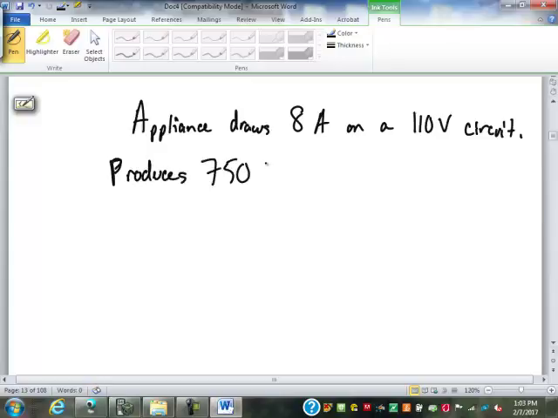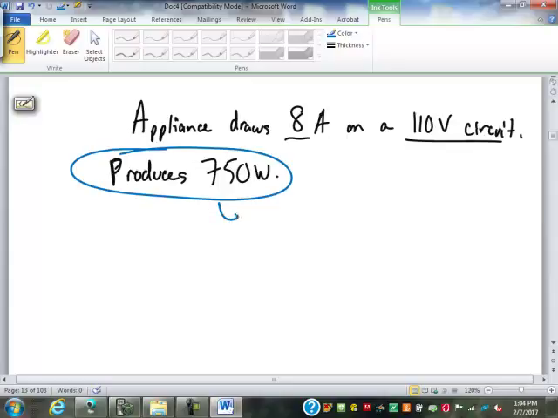Produces 750 watts. So it might be a microwave. 750 watts is a very weak microwave, but some sort of appliance like that, it's rated to 750 watts. It draws 8 amps off of a 110 volt circuit. What it produces, its production rating, is the power out. That is its output. How do you find the power input?